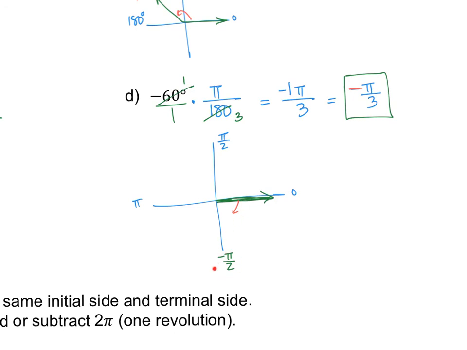But I just need pi over 3, so that's somewhere in between 0 and negative pi over 2. So somewhere here in the fourth quadrant. And there we go. There would be my graph. So I thought I'd show you what you would do if you had a negative radians. And that's it for this video.